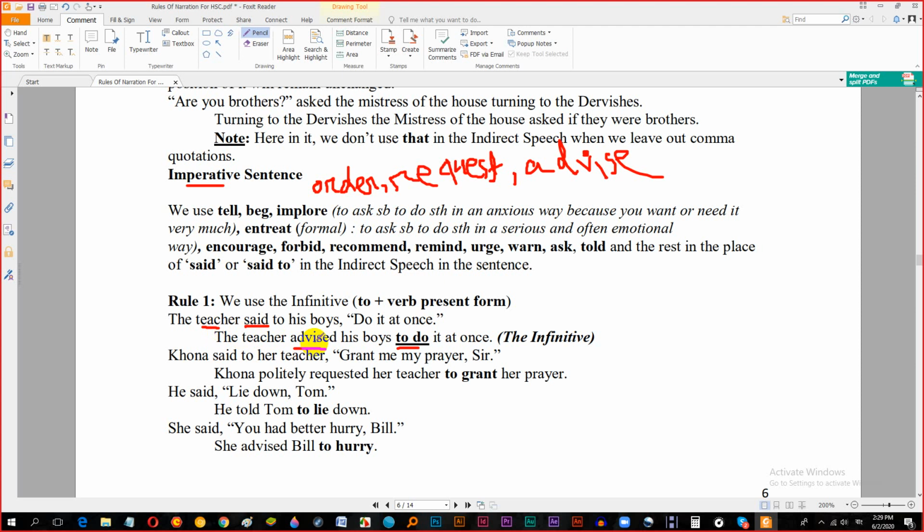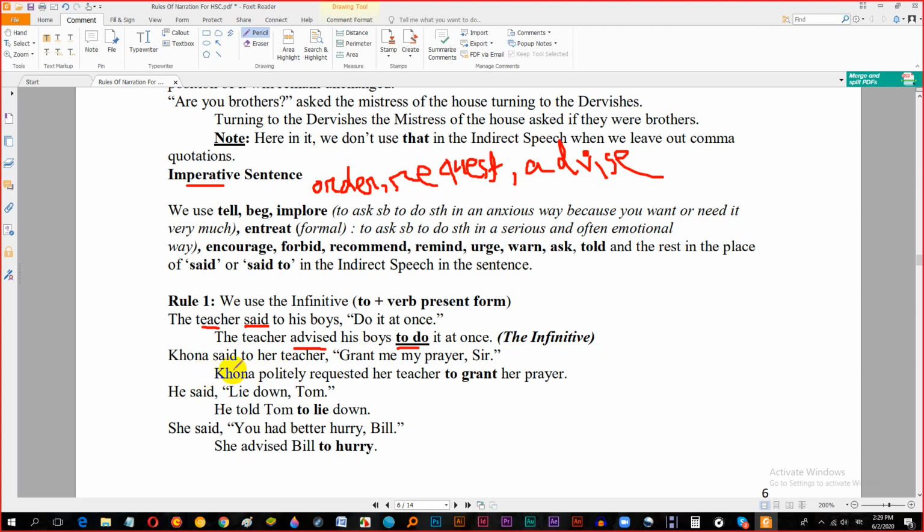We cannot take it as an order. We can take orders from our boss, but we can take advice from a teacher generally. So the teacher advised his boys to do it at once. That's why we have used advised here.